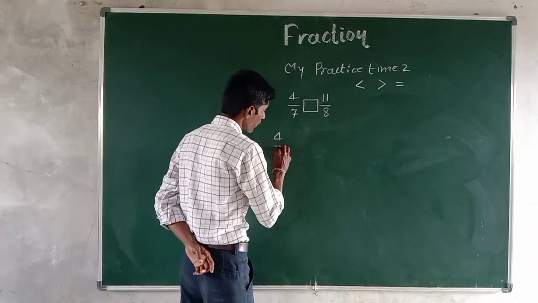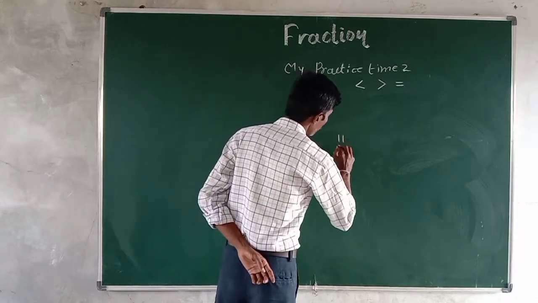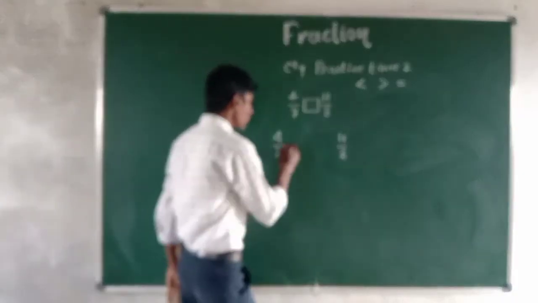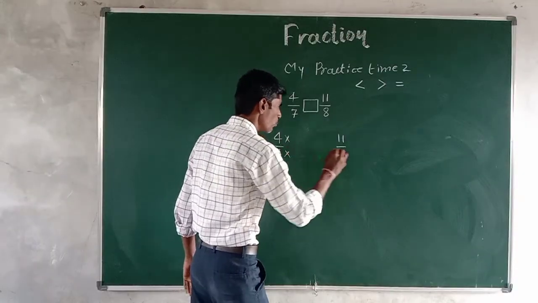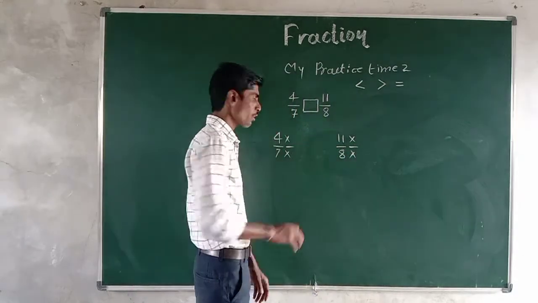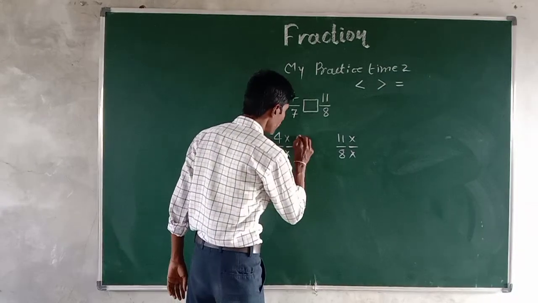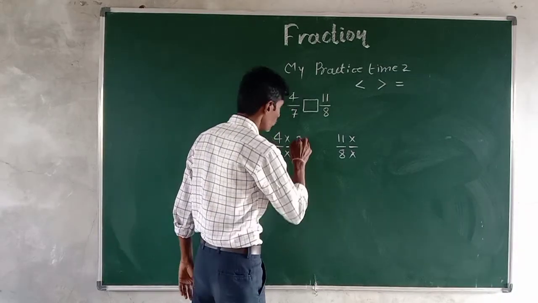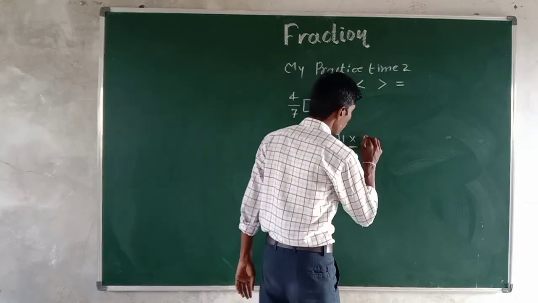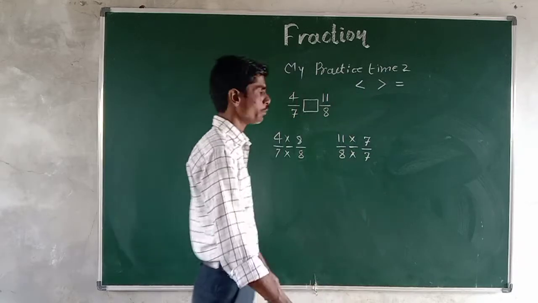So 4 by 7 and 11 by 8. Multiply 4 by 7 by 8, numerator as well as denominator, and multiply 11 by 8 by 7, numerator as well as denominator.